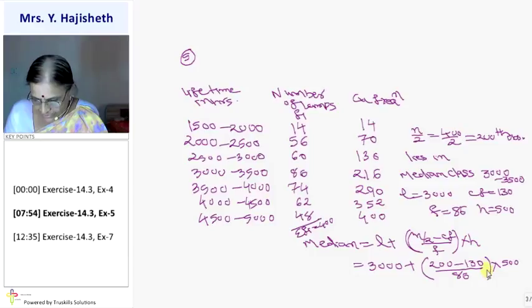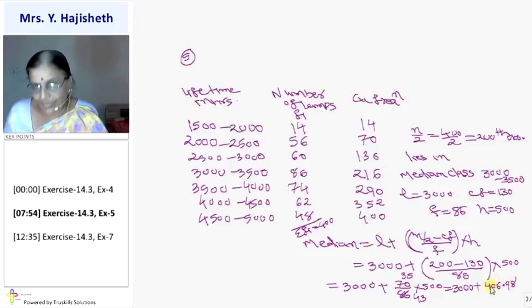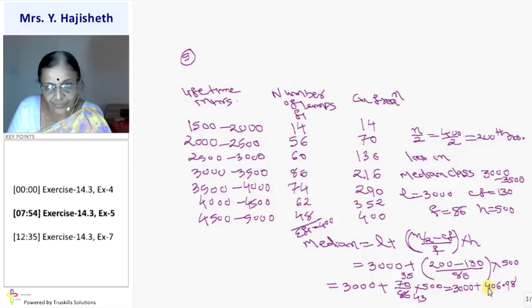So my calculation comes to 3000 plus 70 by 86 into 500. So cancel, here 43 and here 35. Clear? So it is 3000 plus 17500 upon 43, so it comes to 406.98.